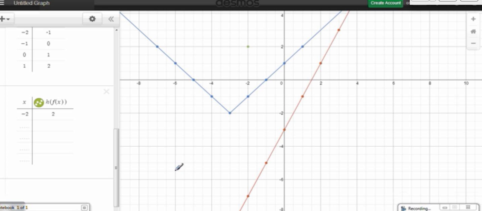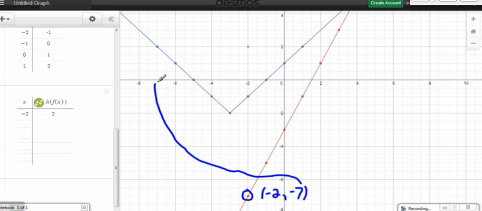So if we wanted to find the answer we just found again, we can find f of -2, which is circled right here. So when x is -2, f of x is -7. That's that point right there. That's equivalent to what we found in our table. So now we use -7 as our input for h, because we're trying to find h of that.